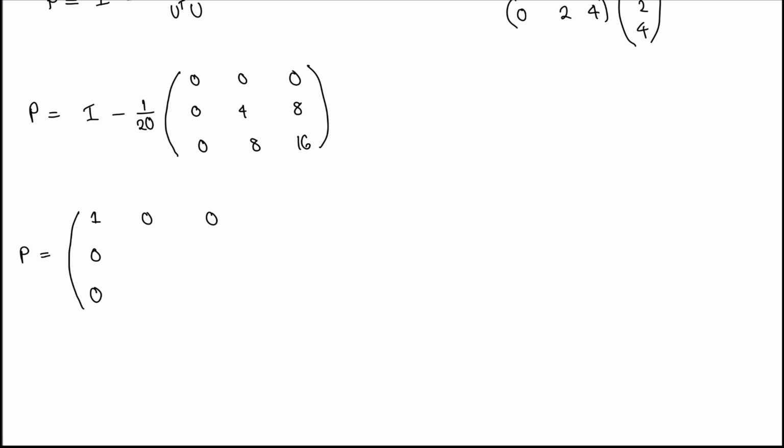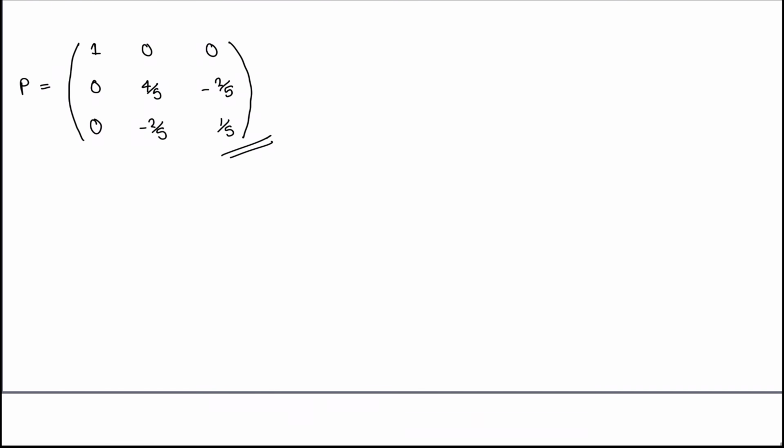And then we do 1 minus 4 over 20 for this middle term, which is 4 over 5. Then we do 0 minus 8 over 20, which we can simplify to minus 2 over 5. That's the same over here. And then we get 1 minus 16 over 20, which is 1 over 5. So this is our projector matrix.